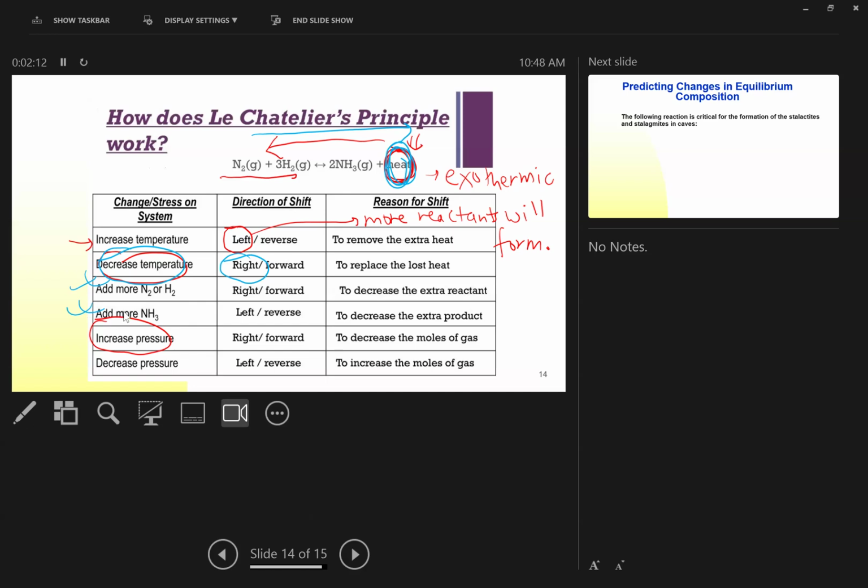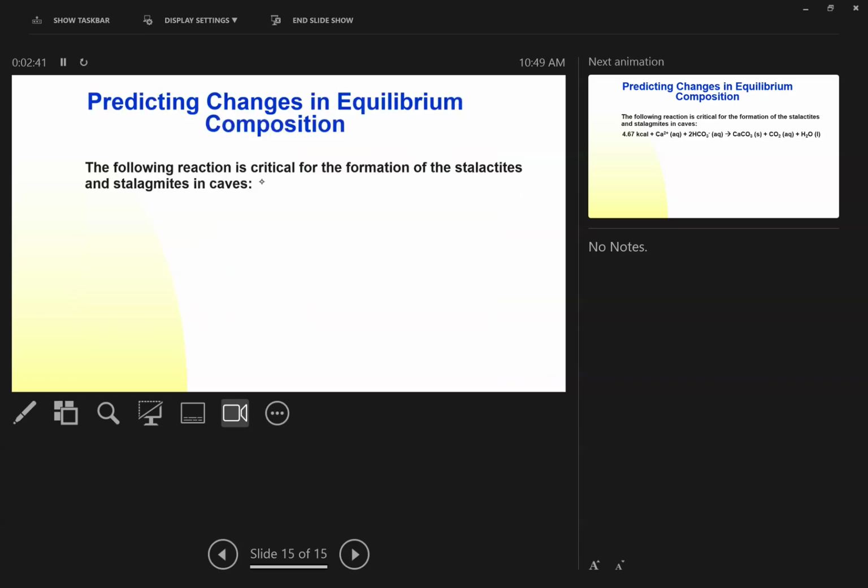I have increased the pressure. Now, what happens is it says to decrease the moles of gas. So think about this as the direction of shift will happen in the direction where there is a lesser number of moles. If I look at this, I have 3 moles of H2 and 1 mole of N2 on my reactant side, meaning that I have 4 moles in total.